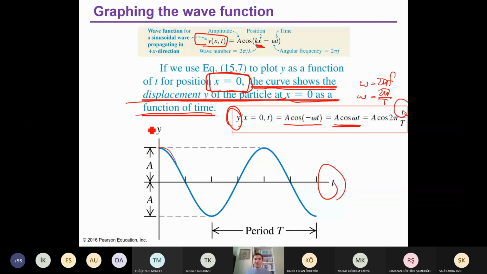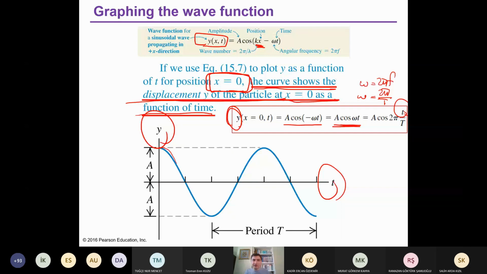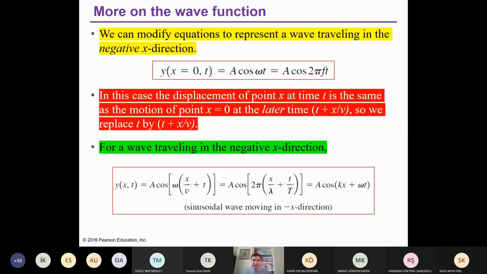Then let me discuss something else in the wave function. In the previous case, we discussed that the wave is moving along the positive x direction. Okay, the wave propagates with some certain speed along the positive x direction. But what happens if the wave is propagating along the negative x direction?